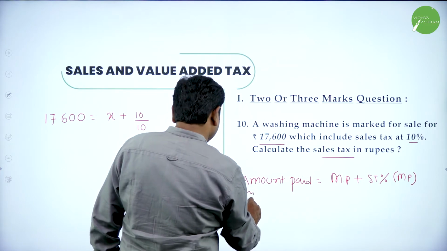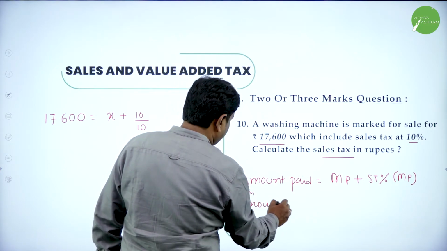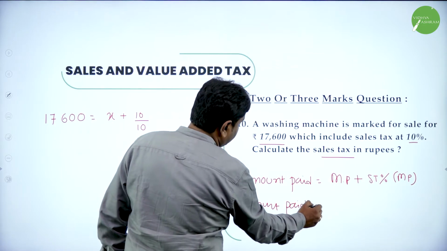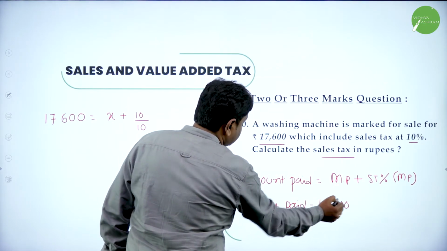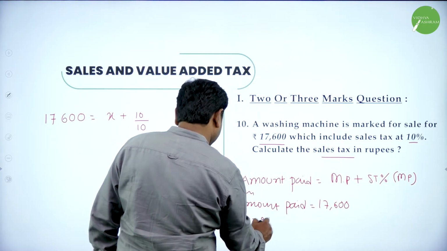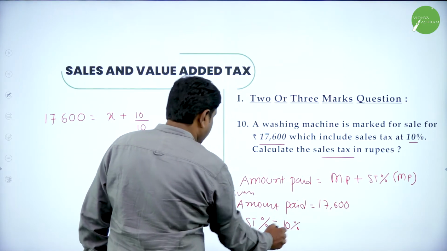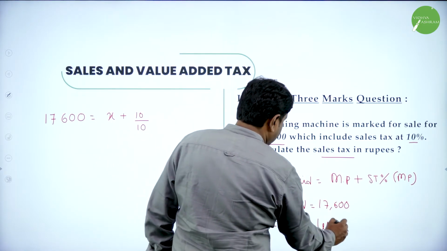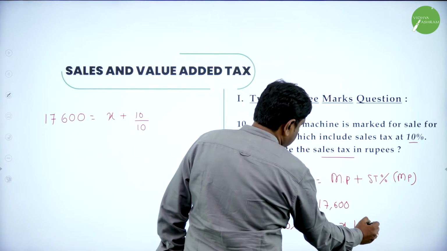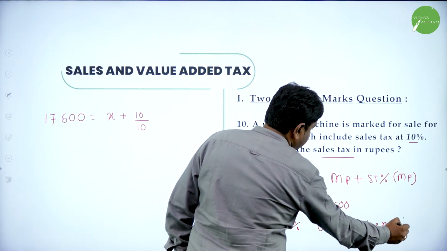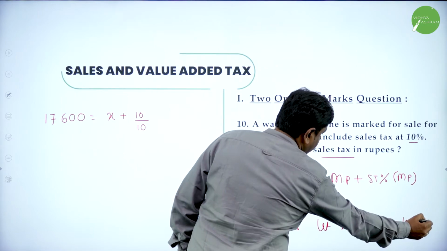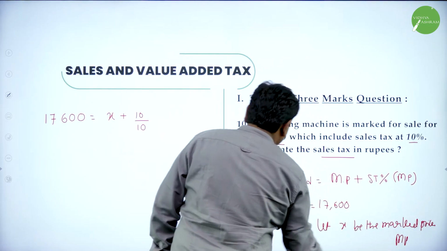Let me write the given: the amount paid is 17,600, the sale tax percent is 10%, and we'll assume X to be the market price, MP.